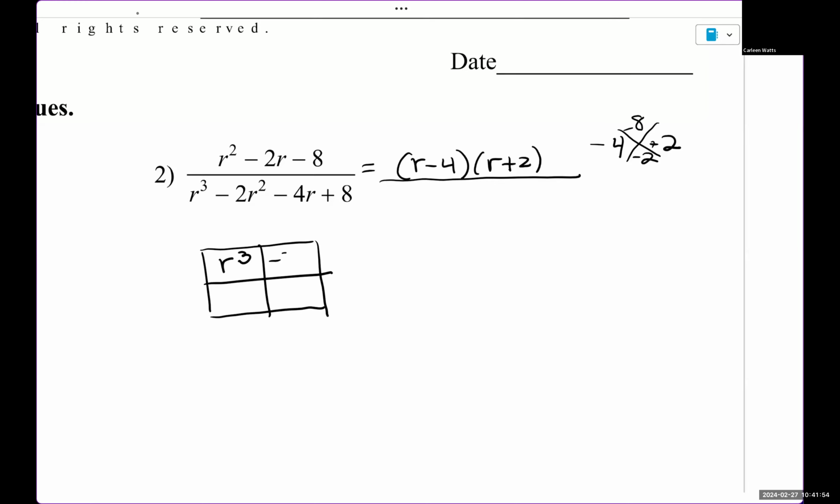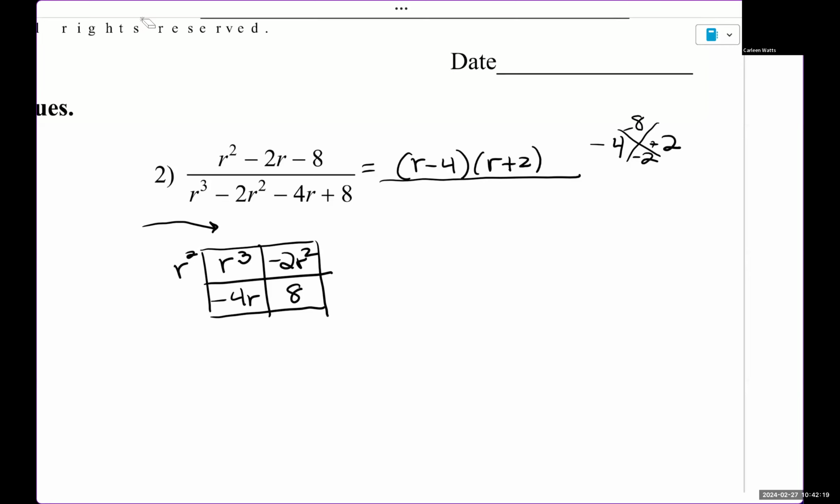R cubed minus 2R squared minus 4R plus 8. Okay, what is the GCF of the top row? So we're going to have R squared. Now, what is going to go on top? R squared times what gives me R cubed?